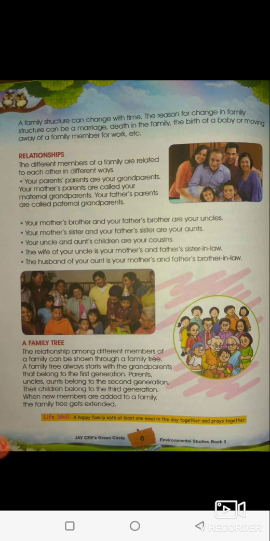When a new person joins, when a newborn baby is born in the family. The life skill: a happy family eats at least one meal in a day together and prays together. So if you want to live in a happy family, you have to eat at least one meal together with everybody, and also you need to pray together every day.